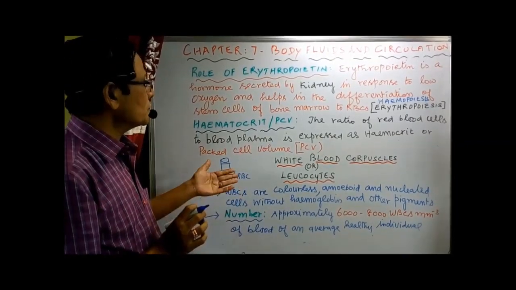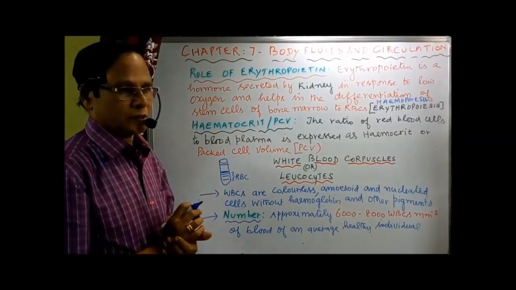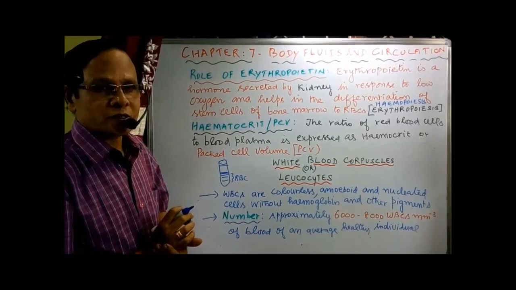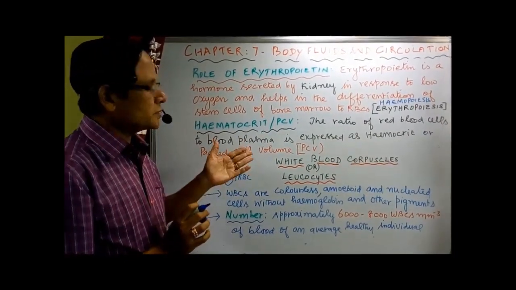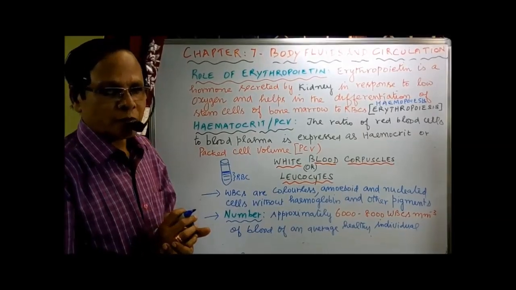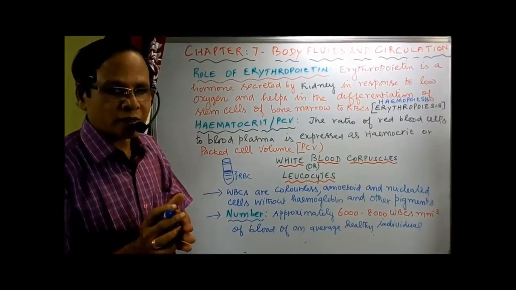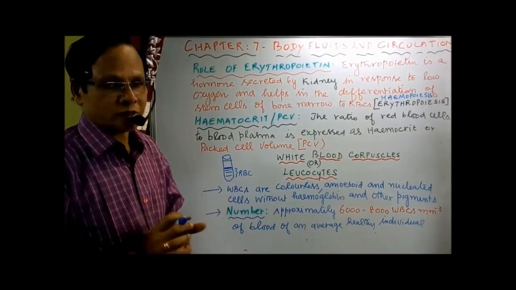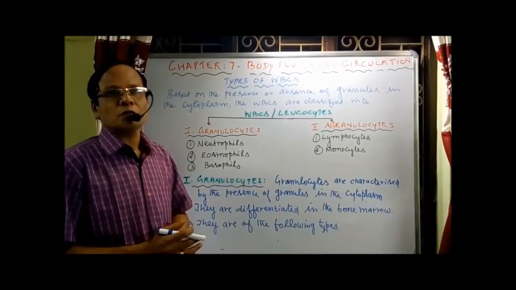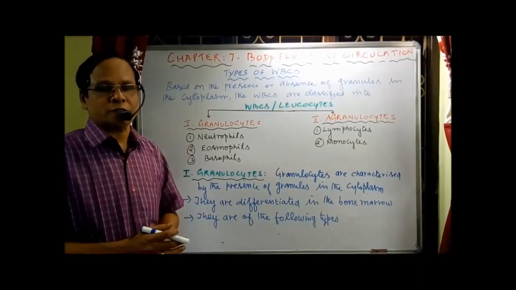Now we have to go for the different types of WBCs. Based on the presence or absence of granules in the cytoplasm, the WBCs are classified into two types: those with granules, called granulocytes, and those without granules, called agranulocytes. What are the types of WBCs?